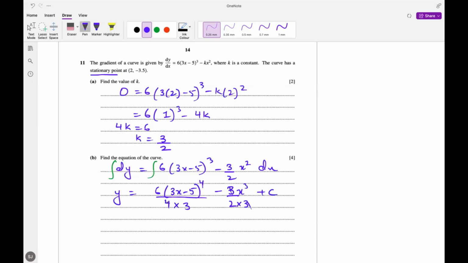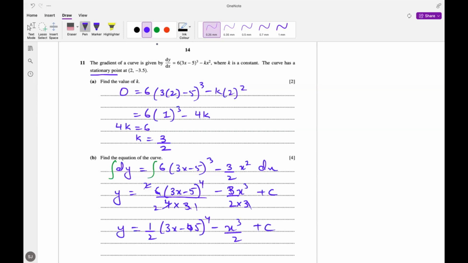The 3 and 3 will cancel. This 3 will cancel with 6, and this will become 1 upon 2. So we'll get y equals 1 upon 2 into (3x minus 5) to the power 4 minus x cube upon 2 plus c.